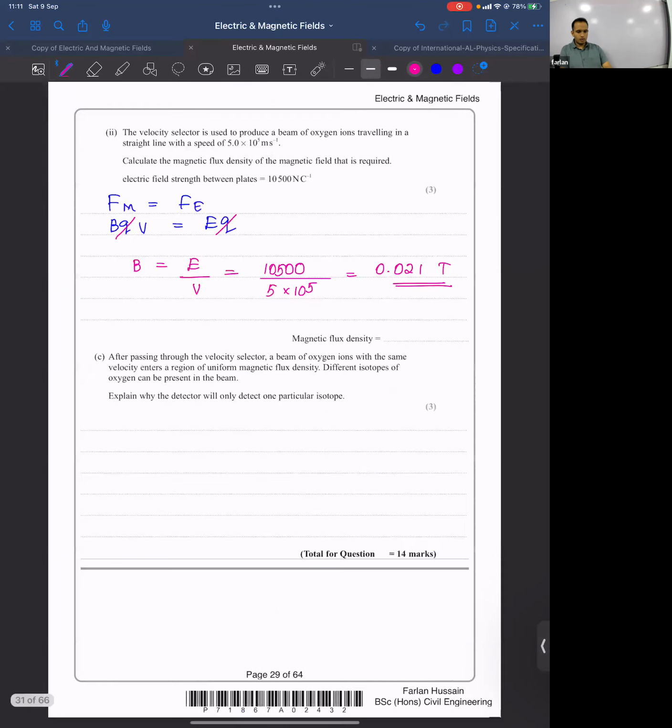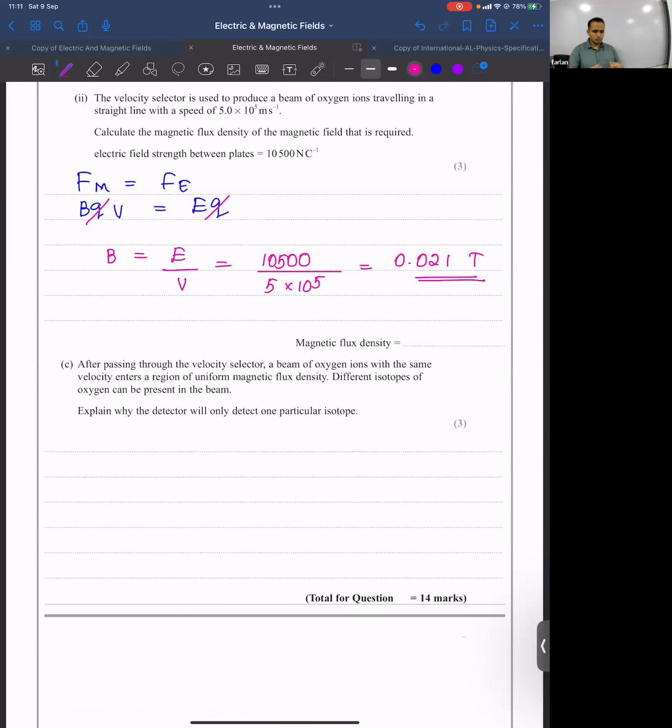The question is now, after passing through the velocity selector, a beam of oxygen ions with the same velocity enters a region of uniform magnetic flux density. Different isotopes of oxygen can be present in the beam. Explain why the detector will only detect one particular isotope. First tell me, what are isotopes?